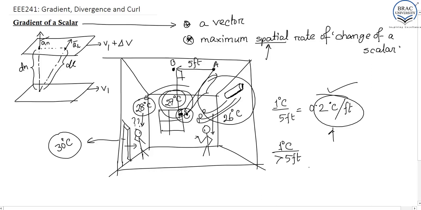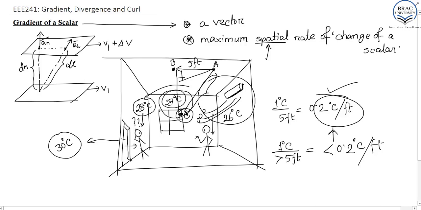So let's for example say it's 7 feet. So this thing will obviously be something that will be less than 0.2 degrees Celsius per foot. All right. So what we can see here is that you get the maximum rate of spatial change of the temperature if you move from A towards B and not any other way, all right?